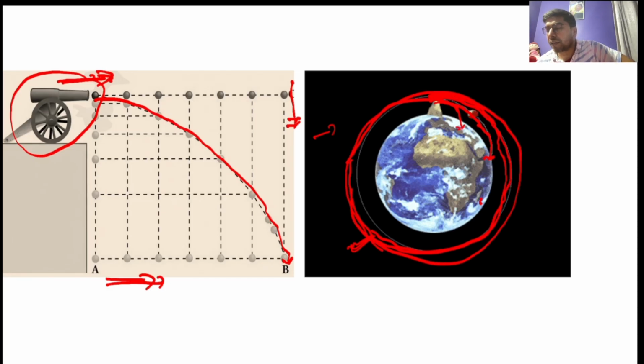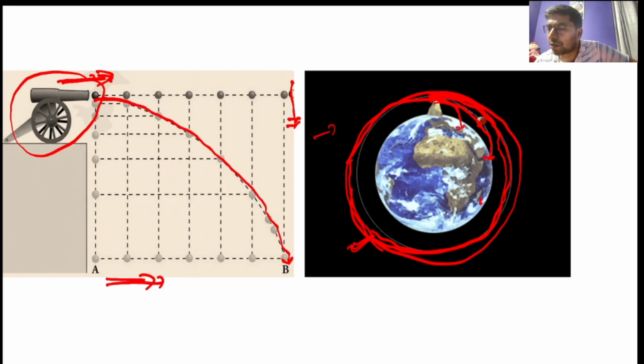So definitely when a bullet is fired with too high a speed and it starts orbiting, it will not be a parabola. And this case is also possible. Although the velocity required is very high, the case is possible.